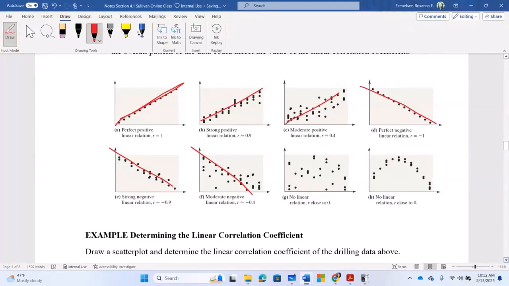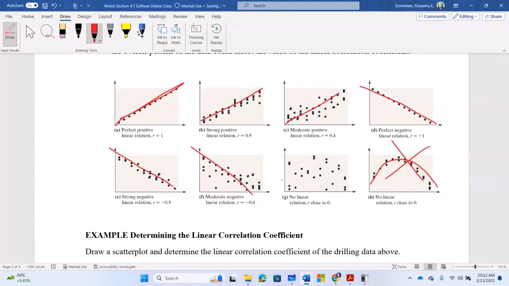Well, this one, there is no linear relationship, because it's scattered and doesn't have any direction. And right here, there's no linear relationship either.